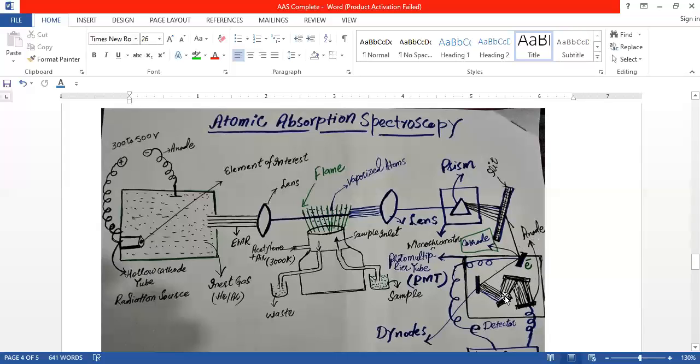So there is a series of diodes present in the photomultiplier tube. By one photon, the photomultiplier tube can generate 10 to the power 6 to 10 to the power 7 electrons.